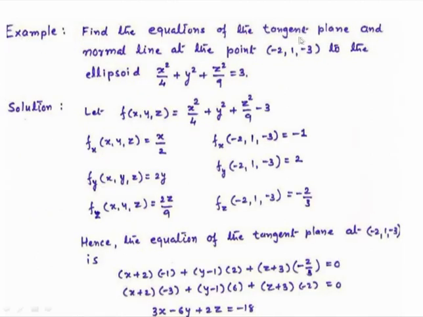Find the equation of the tangent plane and normal line for the ellipsoid, which is given by x squared by 4 plus y squared plus z squared by 9 is equal to 3, at the point (minus 2, 1, minus 3).